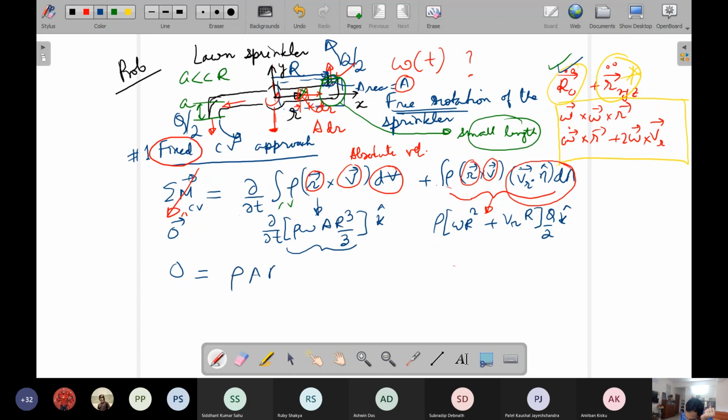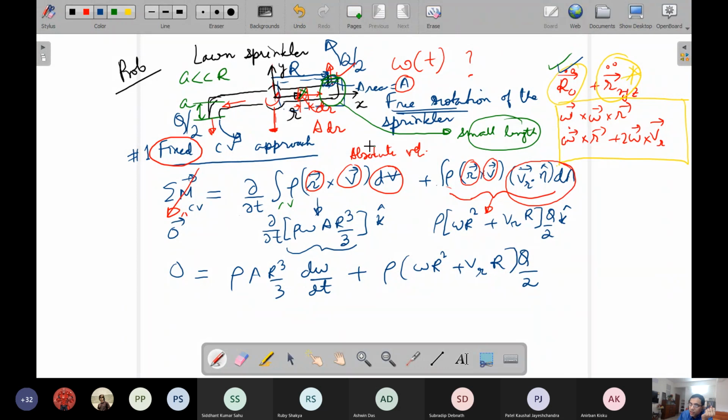So rho a r cube by 3 d omega dt, plus rho omega r square, plus Vr into R, this into Q by 2.